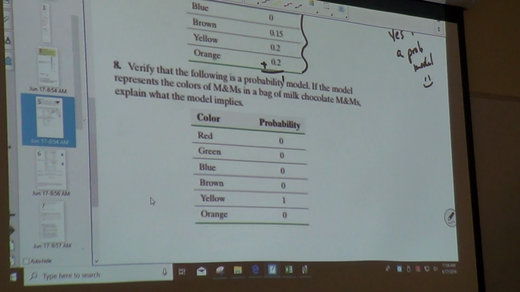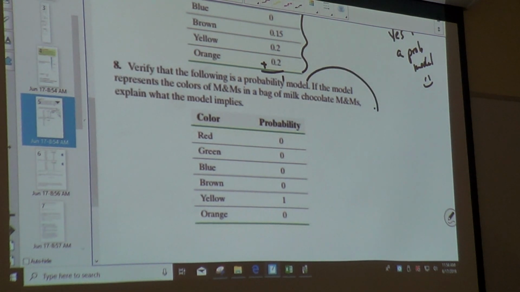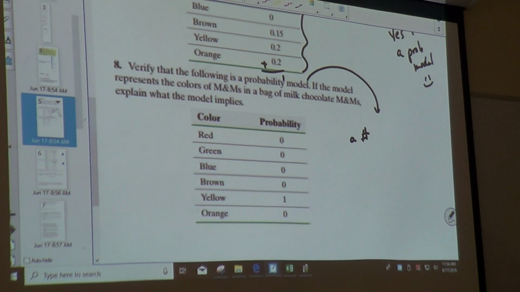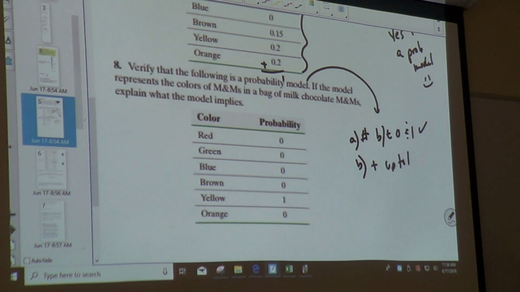All right, for this one, verify that it is a probability model. Are your numbers between 0 and 1? Yes. Do they add up to 1? Yeah. So yes, it is a probability model. If the model represents the colors of M&Ms in a bag of M&M chocolate, what does this model imply?